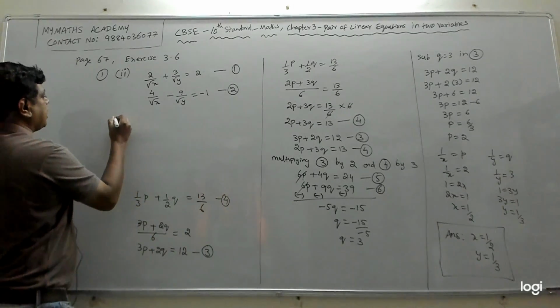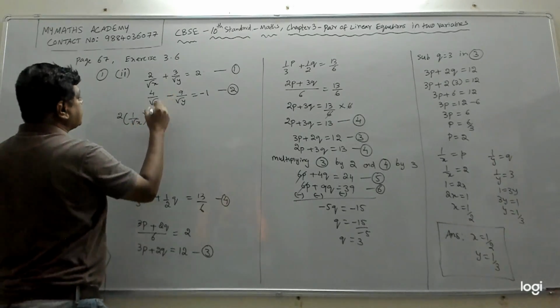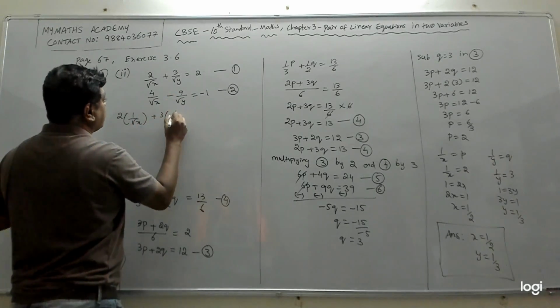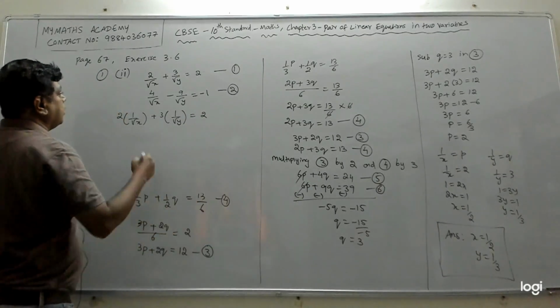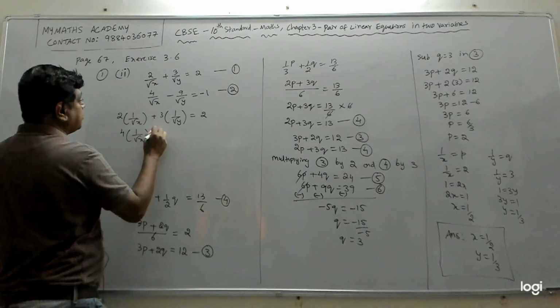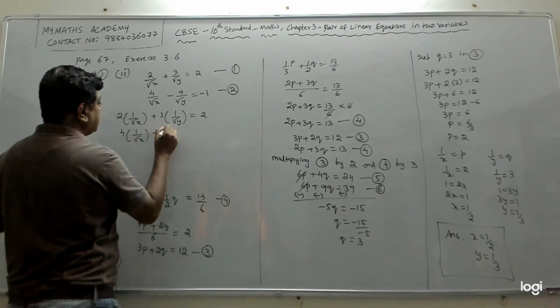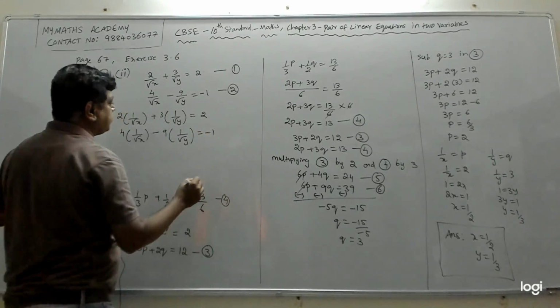So this one can be written as 2 into 1 by root x, plus 3 into 1 by root y equal to 2. Then this can be written as 4 into 1 by root x minus 9 into 1 by root y equal to minus 1.